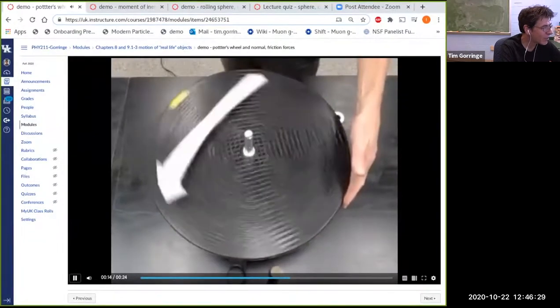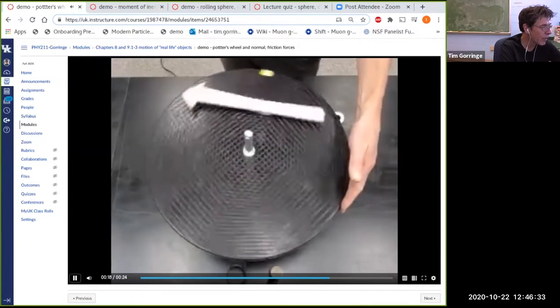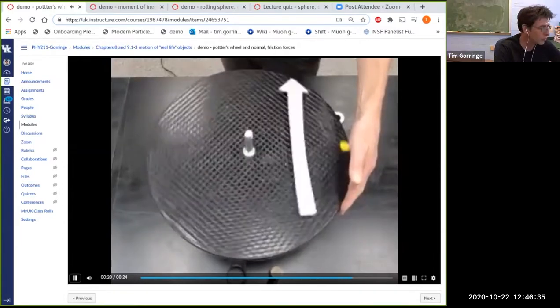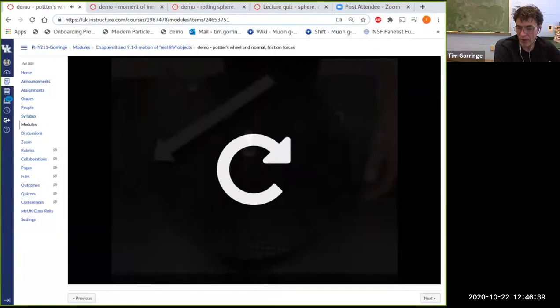I'm pushing my hand towards the axis of rotation, but that's causing a frictional force between my hand and the wheel, and it slows the wheel down. And it took 4.5 seconds to do that. So that's the situation that is discussed in this particular problem.